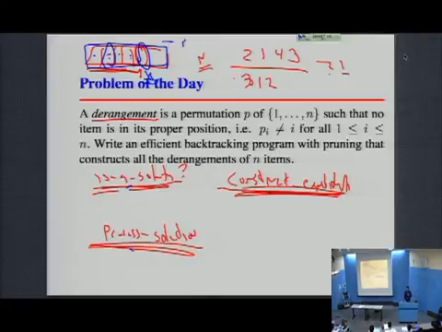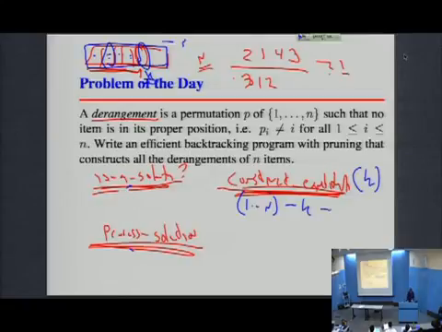Does everybody see this? So let's think about it. What are the candidates for the kth position? Basically, it should be the numbers 1 through n, minus k. These are set difference things, not additive things. I don't want k because it's going to be a derangement; I can't have it here.